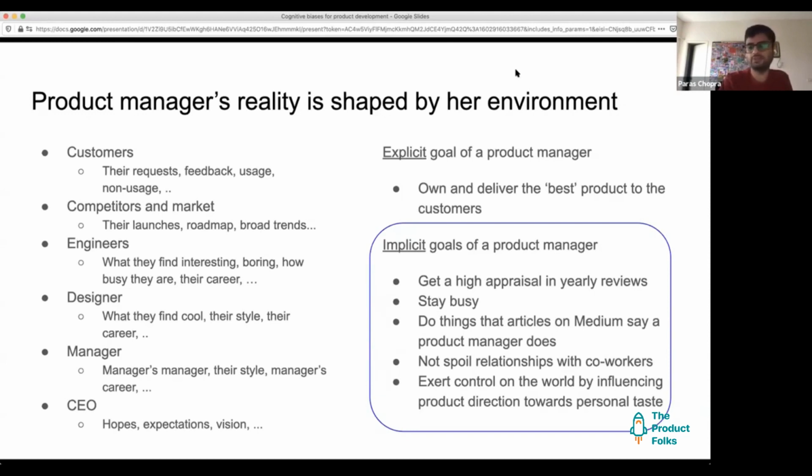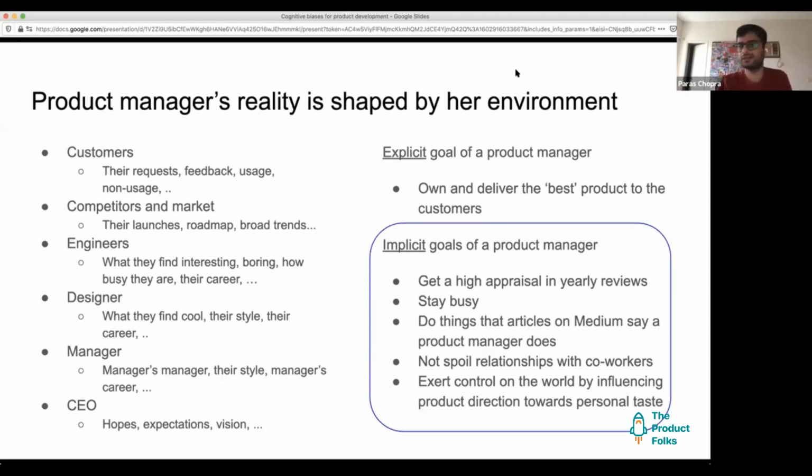When a new launch happens or some new trend comes along, then there are engineers, what they tell product managers, what technology is interesting, what's not interesting, what is boring, what's not boring. And then there are designers who have their own opinion on the style and so on and so forth. And finally, of course, it's the product manager's manager and their style. And lastly, the CEO, their hopes, expectations, vision. So all these entities shape the environment of the product manager.